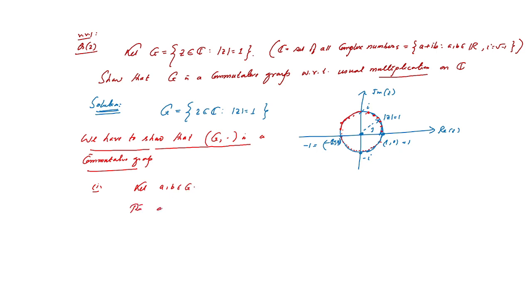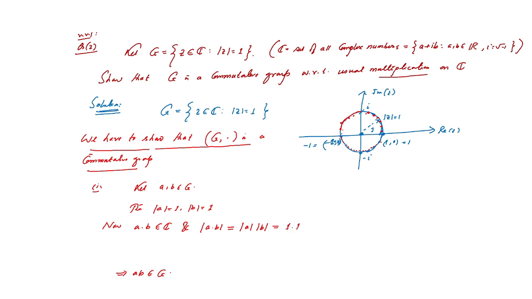Then obviously mod A will be 1 and mod B will be 1 because G contains all elements whose modulus is 1. Now we have to show AB belongs to G. It is clear that the product of two complex numbers must be a complex number, so A dot B belongs to C. And the modulus of A dot B will be mod A into mod B, which is a property of complex numbers.